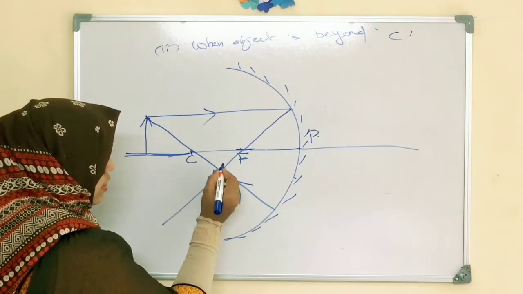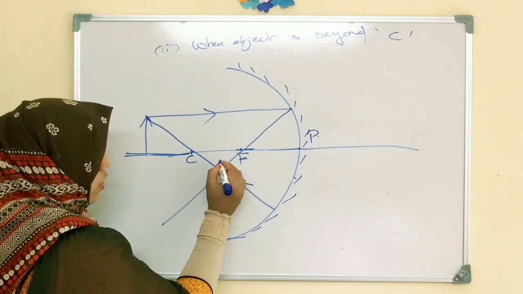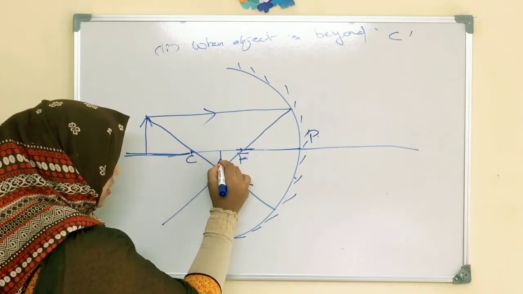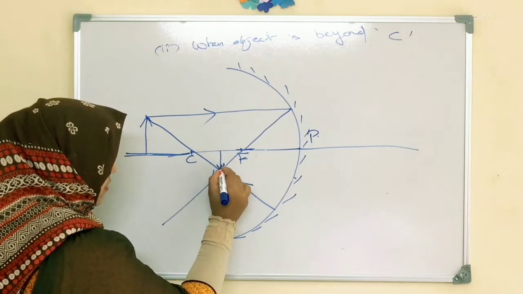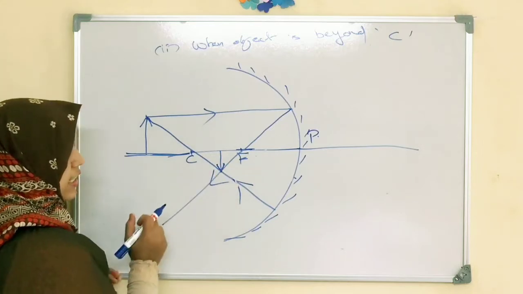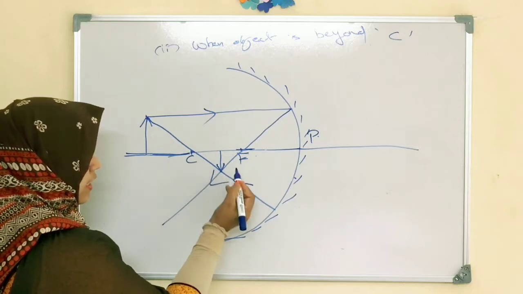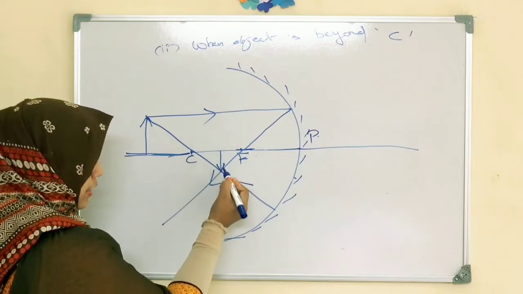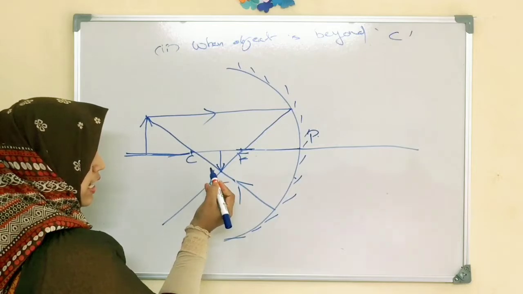Here we can see a meeting. The two reflected rays meet here. So we can draw one image from the principal axis to this point. That is, we are getting a real and inverted image, in between center of curvature and principal focus, with diminished or smaller size.